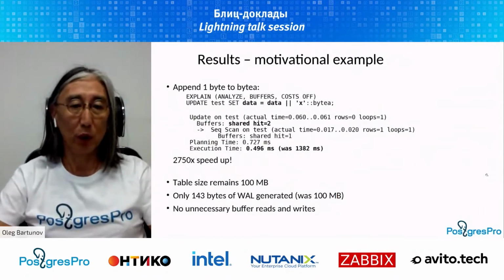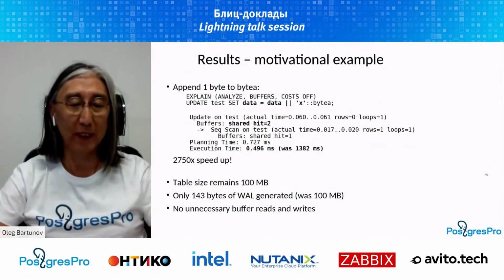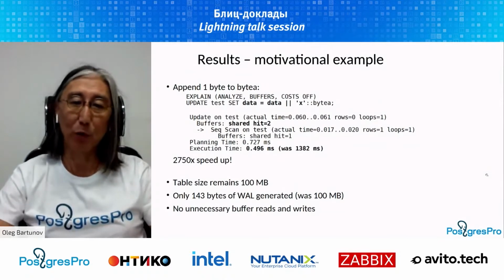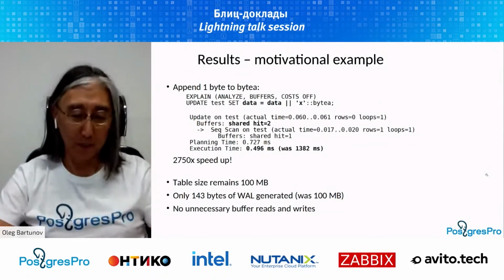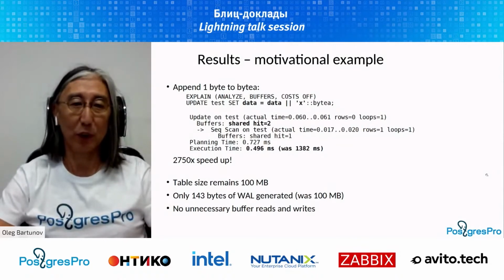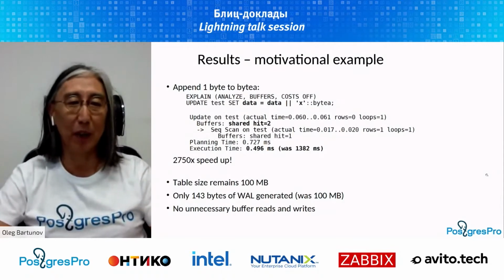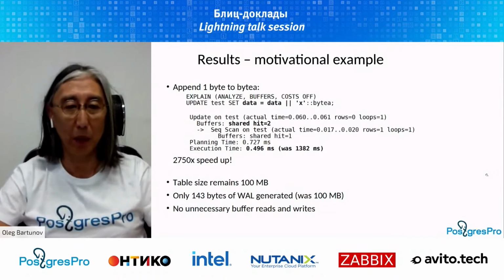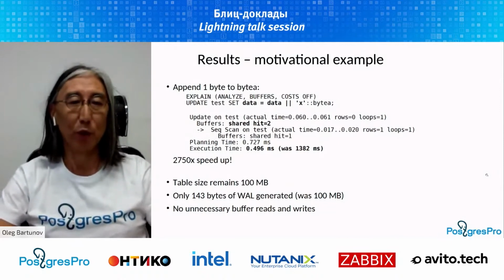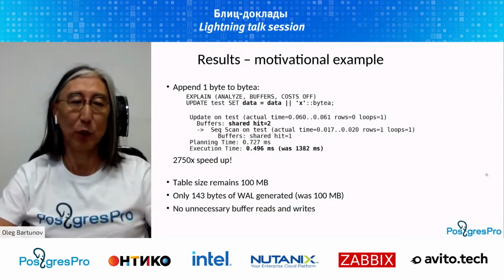So running the same example again, we sped up by 2,750 times. 2,750 times faster. I really like such examples. So we can predict even the maximum win.